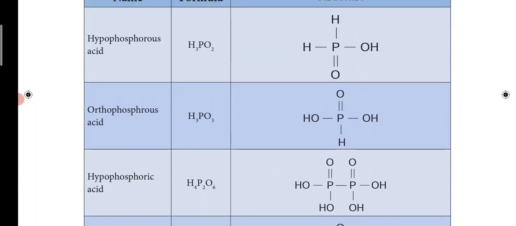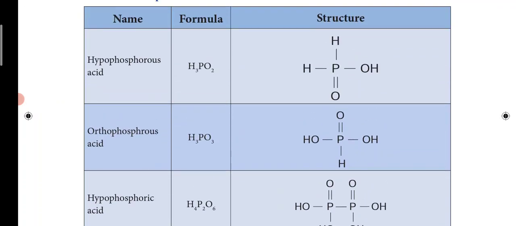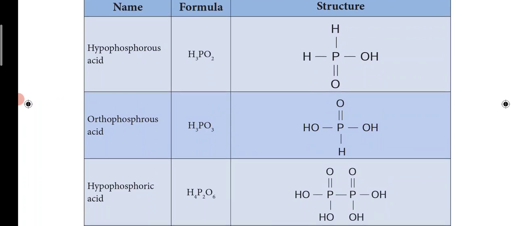What is the difference between the molecular formulas of hypophosphorus and hypophosphoric? You have to multiply the number of hydrogens: add one hydrogen, so H4, add one phosphorus, H4P2, and O6.